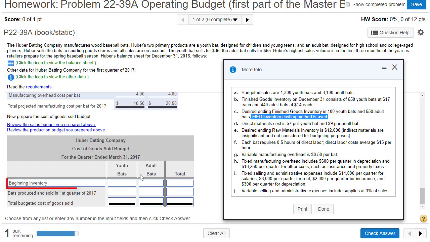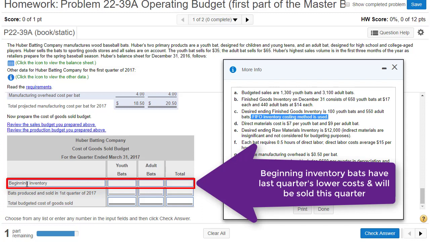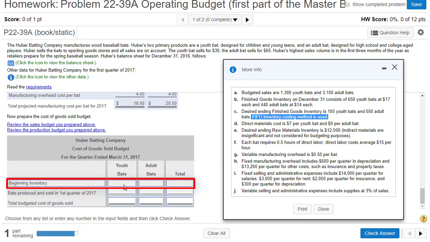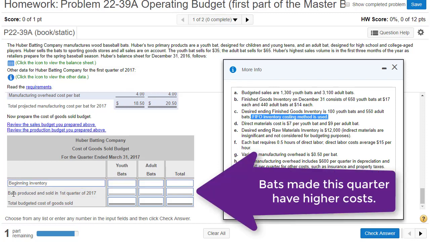The first bats that we're going to calculate as being sold are the bats that were produced last quarter and therefore are in beginning inventory. So we're going to keep track of the costs of the bats sold from the last quarter and then the cost of the bats sold from this quarter.